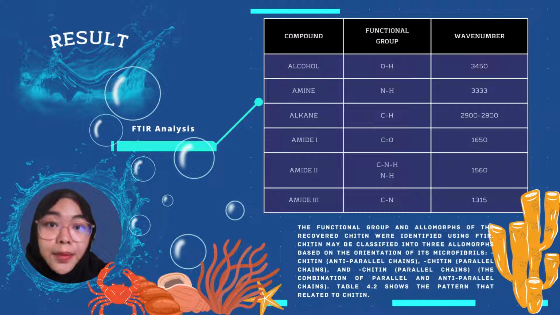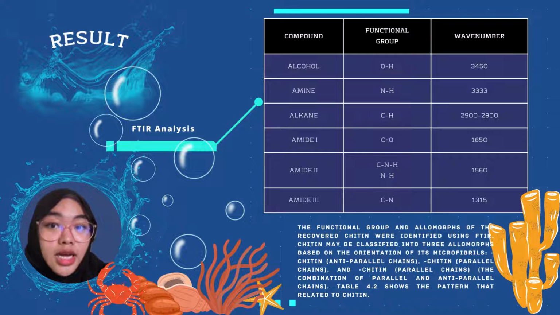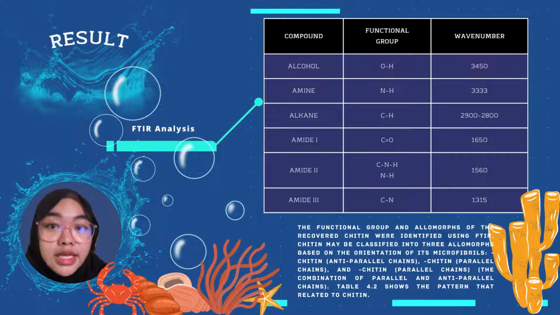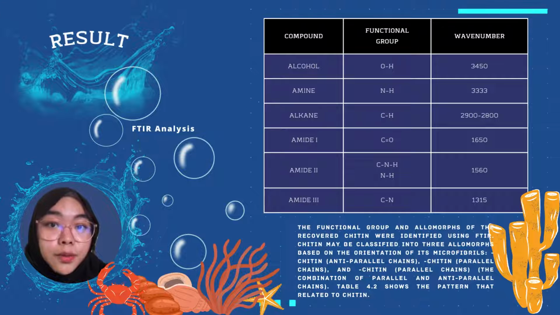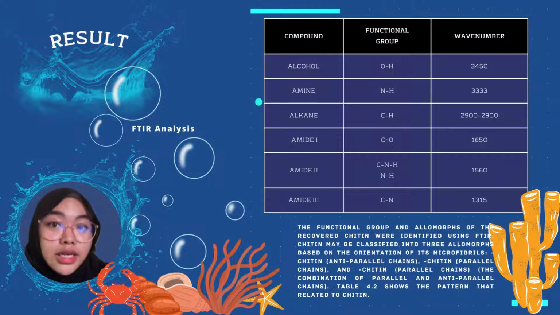Table 2 shows the patterns related to chitin. Regardless of the kind of acid solution used in the demineralization procedure, the same absorption patterns were found for the produced chitin. Thus, the FTIR result shows that demineralization with various acids had no effect on the structure of the resulting chitin.